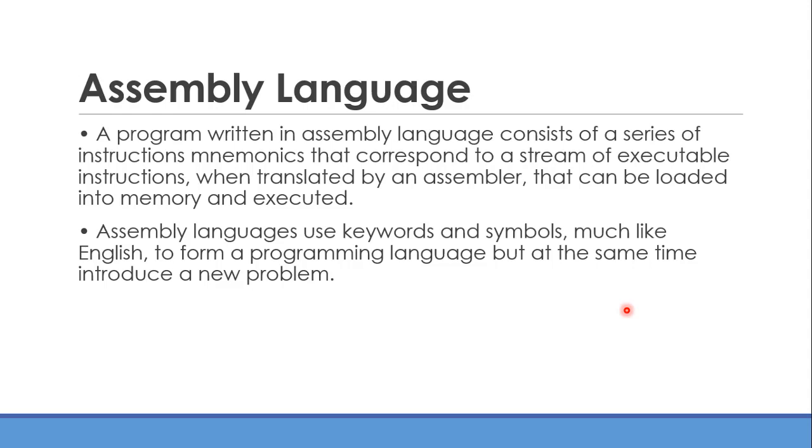A program written in an assembly language consists of a series of instruction mnemonics that correspond to a stream of executable instructions when translated by an assembler that can be loaded into memory and executed. Assembly language uses keywords or symbols much like English to form a programming language, but at the same time introduces a new problem.